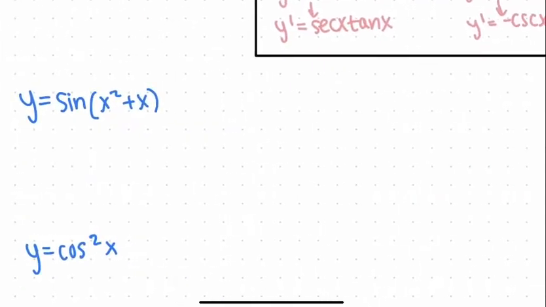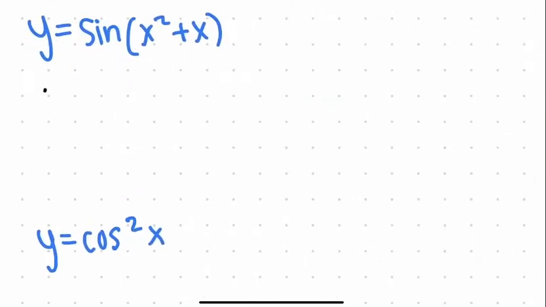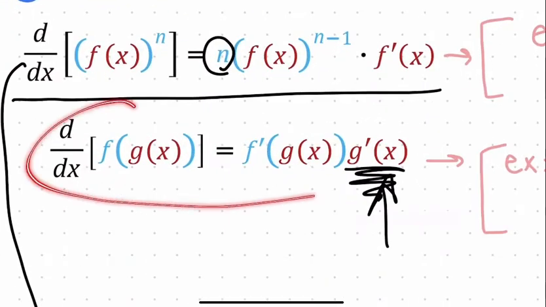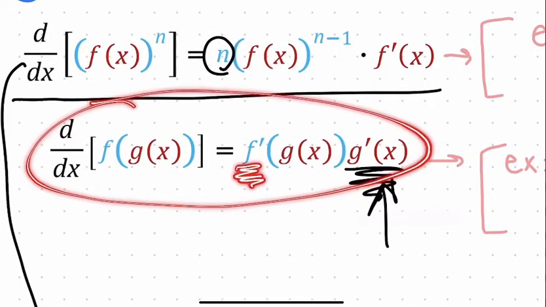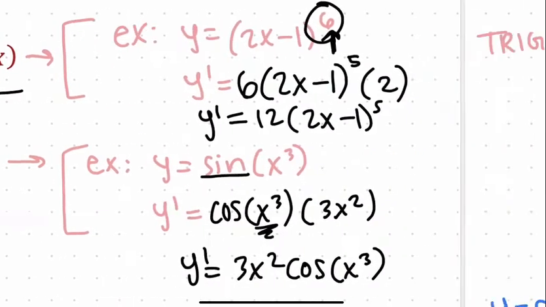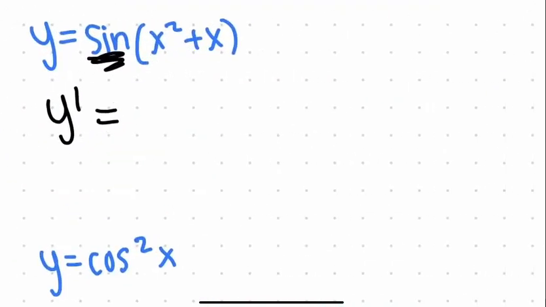So let's look at these two problems. The derivative of this is going to be, as we said in this rule here, we're going to take the derivative of f first, and then you keep this the same, right? And then you take the derivative of this, okay? So keep that in mind, and we're going to do this problem right here. So first, this is like f, and this is like g, right?